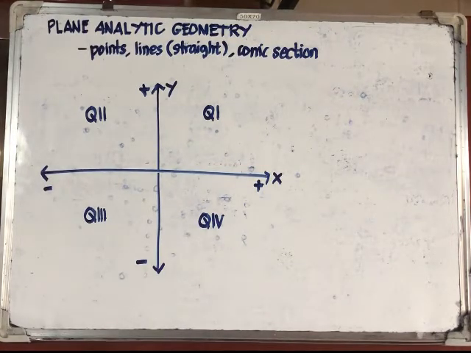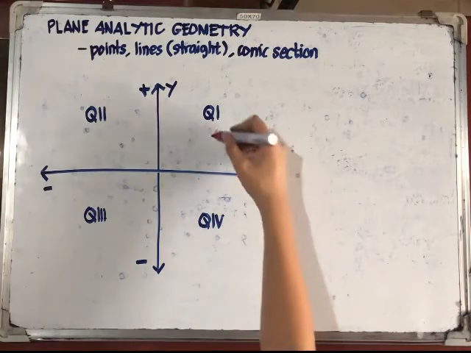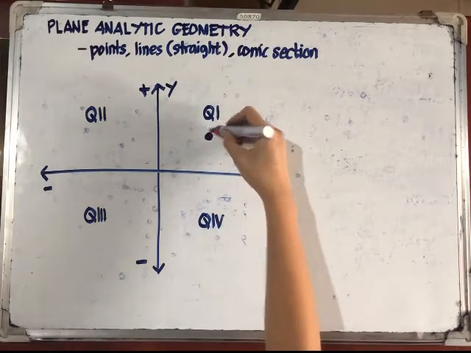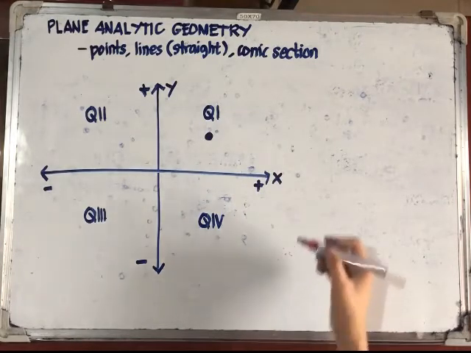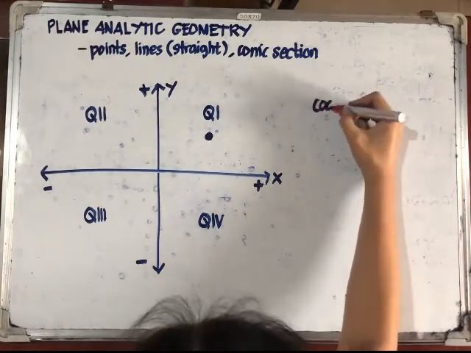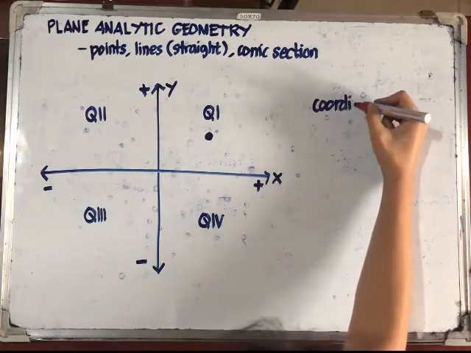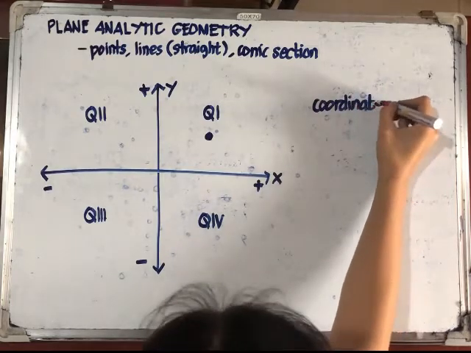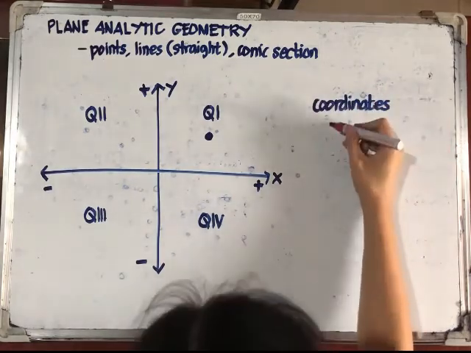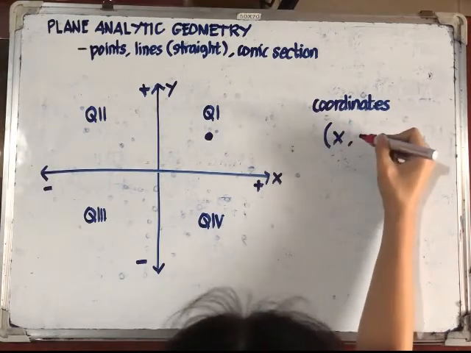When naming or identifying a point, let's say the point is here, we use your coordinates. Coordinates are your x and y, x comma y.